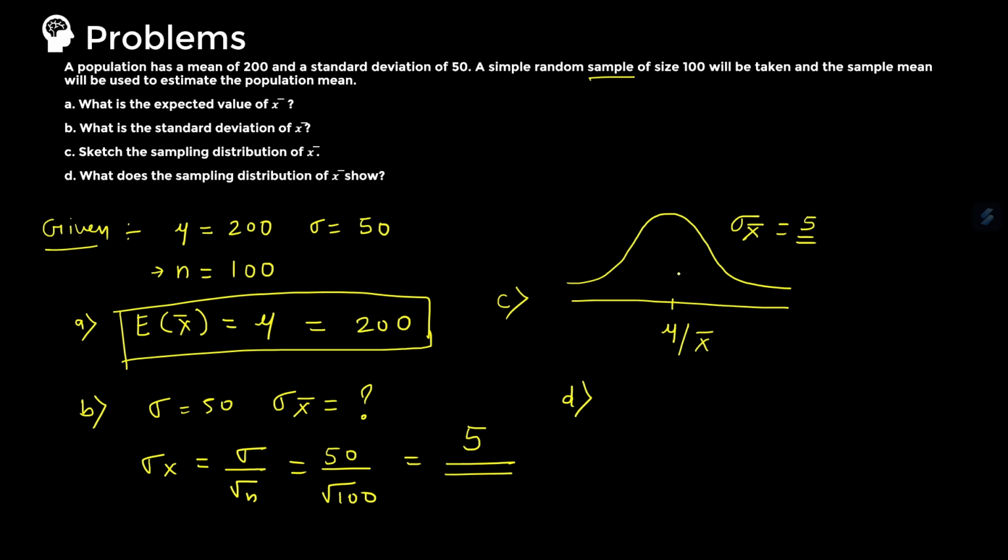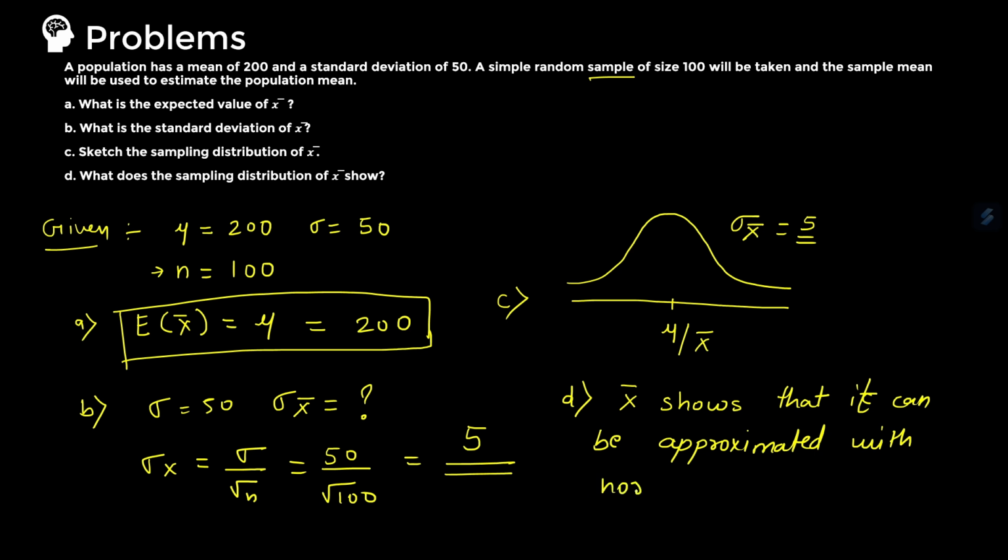The answer is simple: the sampling distribution of x bar shows that it can be approximated with a normal distribution.